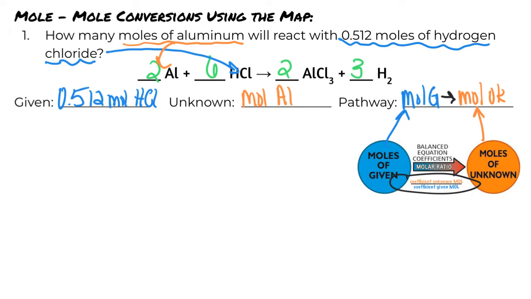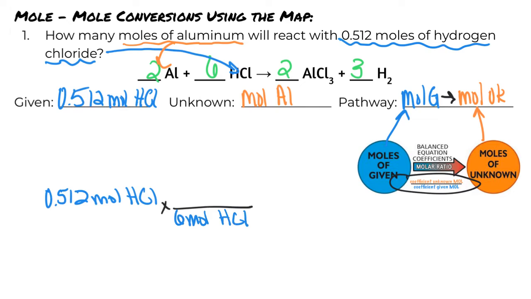So start by setting up your problem, your 0.512 moles of HCl. Then we have to multiply by our conversion factor. So we have the coefficient of our given mole on the bottom. So the coefficient is 6 moles of HCl. So on the bottom, I am going to write 6 moles of HCl. My unknown coefficient, so my aluminum, in front I have 2 moles of aluminum.